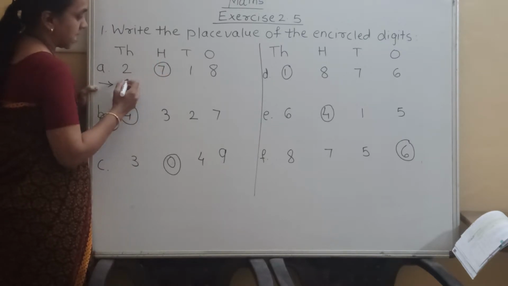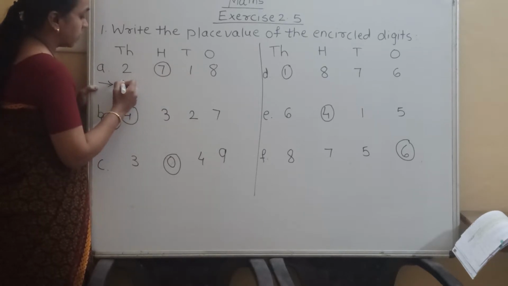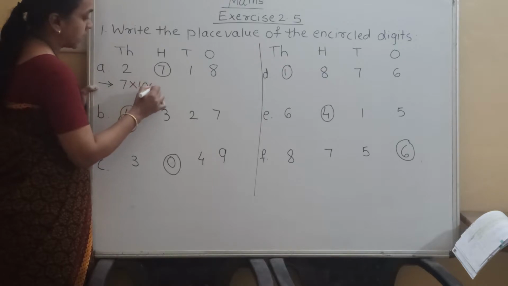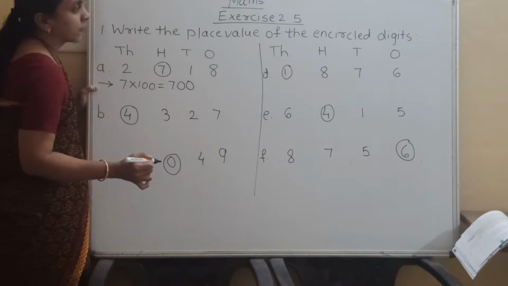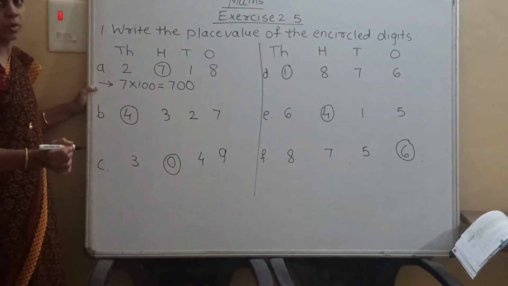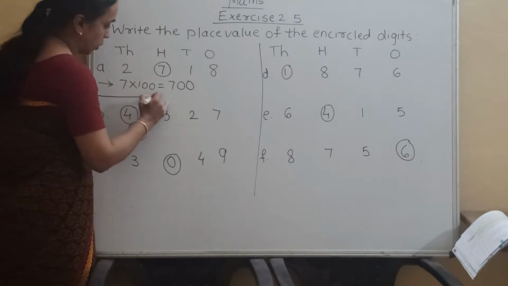So what is our answer? Place value of 7 is 7 multiplied by 100 equal to 700.